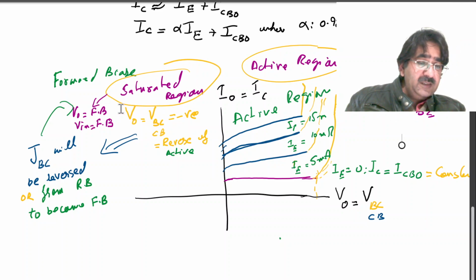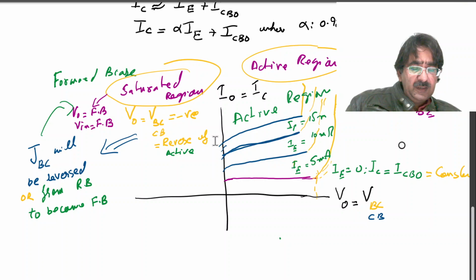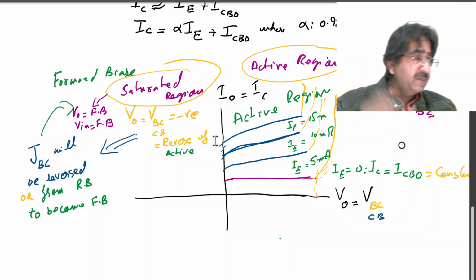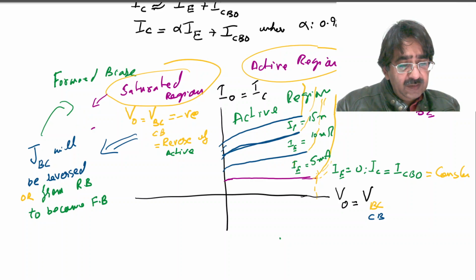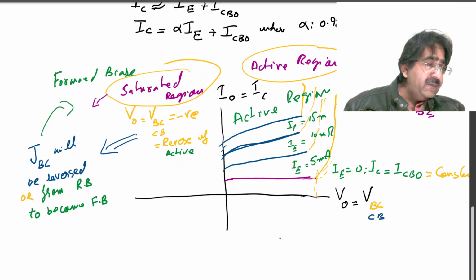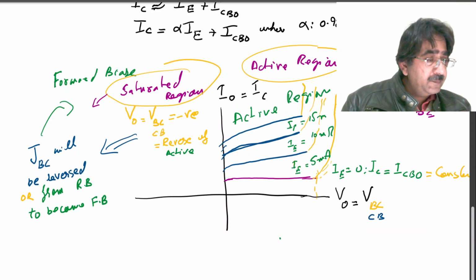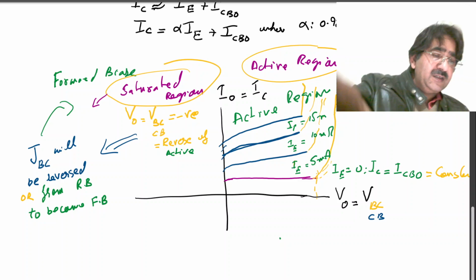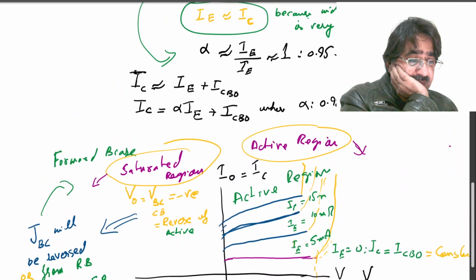But in this region, where the junction BC is, okay, I should not write output or input voltage, but I must write in the junction form.